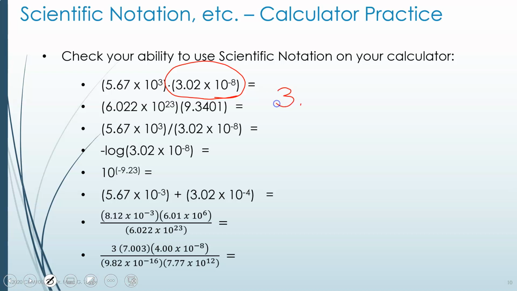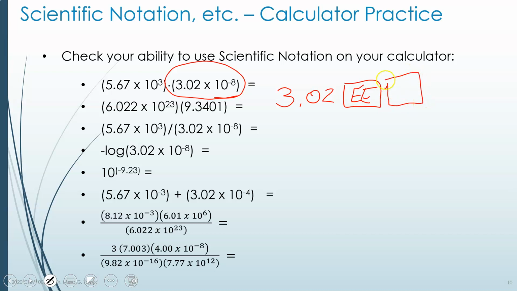So you're going to type in 3.02 in your calculator. You're going to hit the EXP or the EE button, depending on your calculator. Some calculators require you to put the negative sign in first, but do not use the minus sign on your calculator to do this.